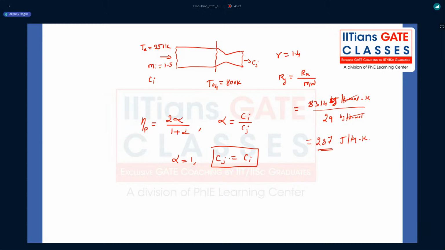So first let us calculate Ci. That is Mi times root of gamma R Ti. Assuming air standard properties, 1.5 times the square root of 1.4 into 287 times Ti, where Ti is 250 Kelvin. The question should have mentioned the air properties.